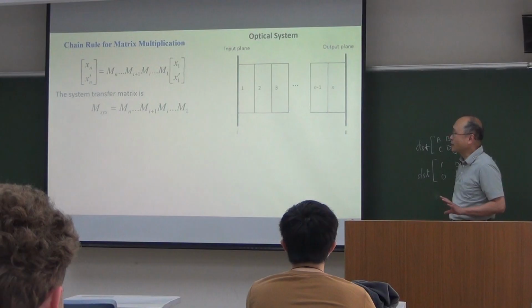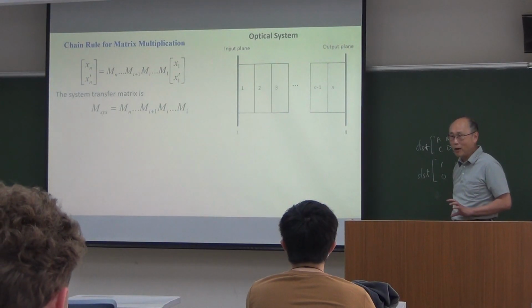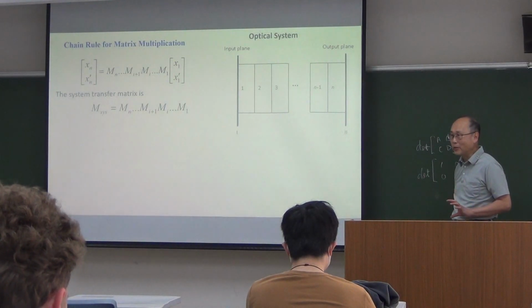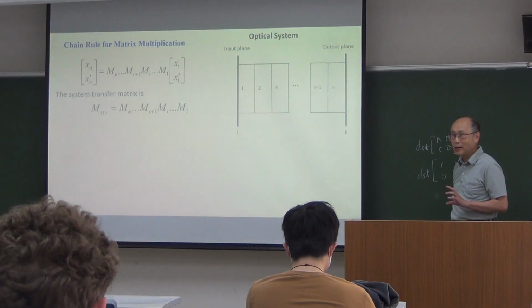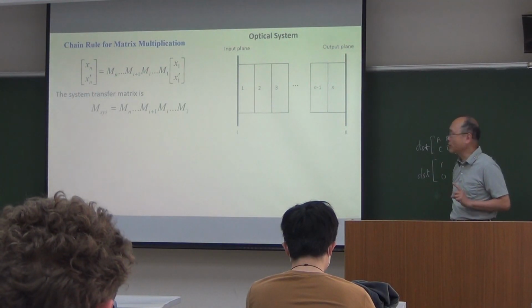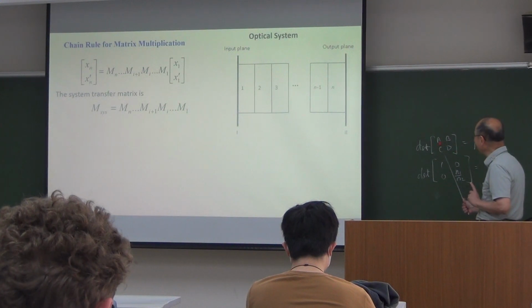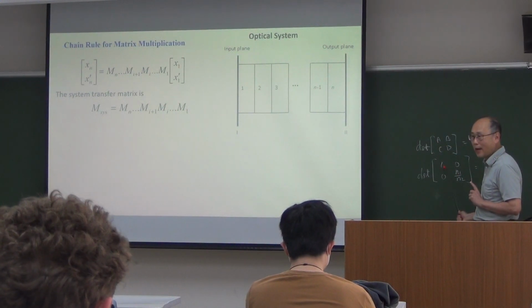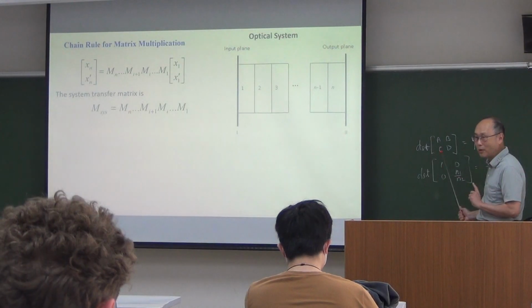Well, quite often the computer now is very powerful and it does the simulations for you. But then human beings have to be intelligent. We need to understand the physical meaning of A, B, C, D, and that is the material we're going to talk about today.